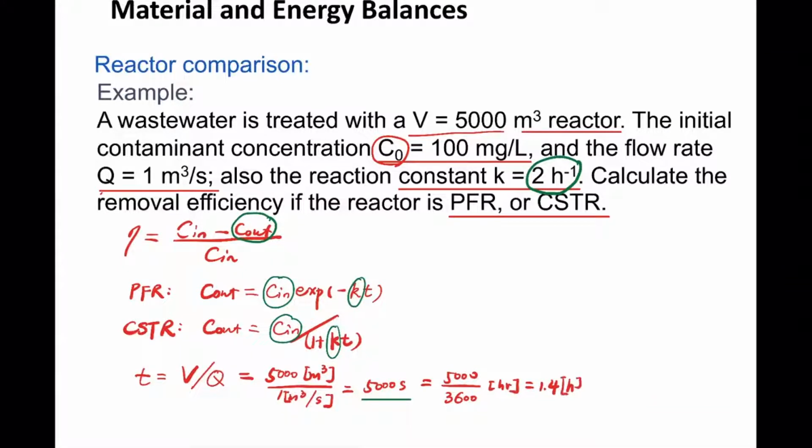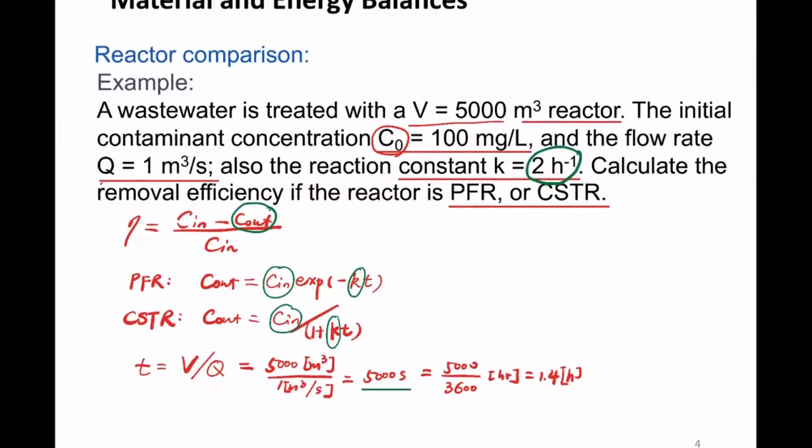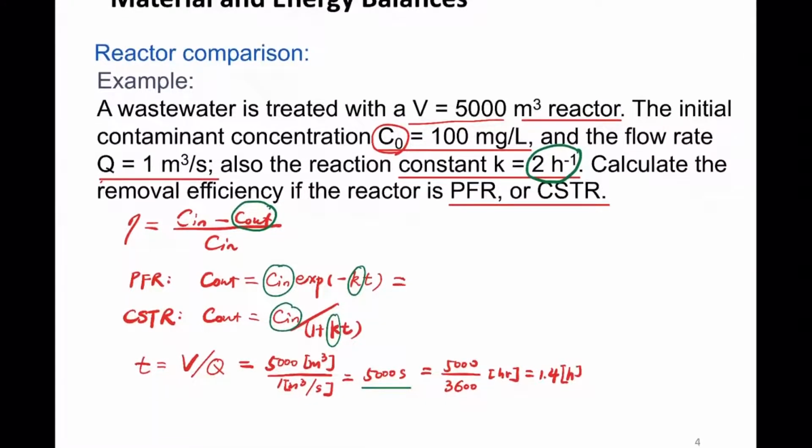So now we can plug in these values here. What happens here is just C in exponential minus K, that's 2, multiplied by 1.4. And here it's C in divided by 1 plus 2 multiplied by 1.4.